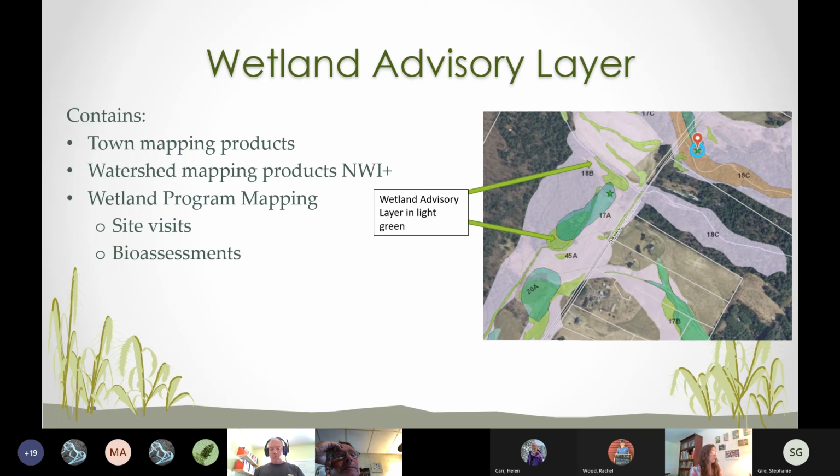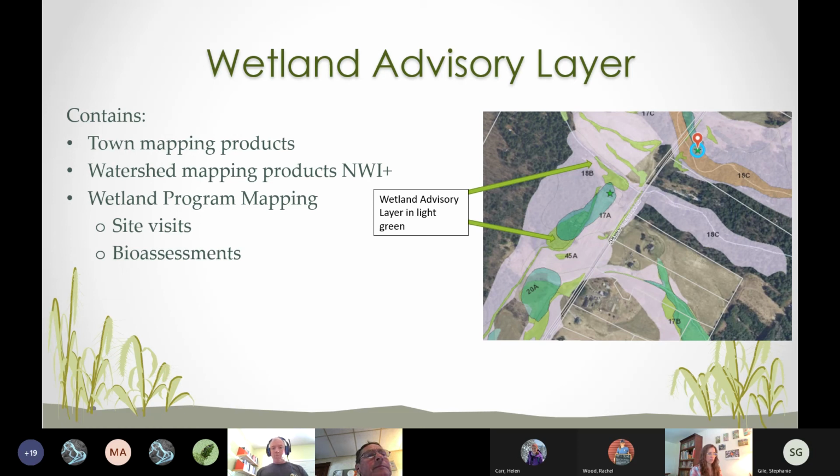So beyond the VSWI, one of the best layers that we have is this wetland advisory layer. And this is a product of town mapping that happened, I think, in the 2000s, so like 2000 to 2010, I think it all happened before the rule change. There was some funding that came out through the Regional Planning Commission that was given to different towns to update their local maps for local zoning purposes mainly.